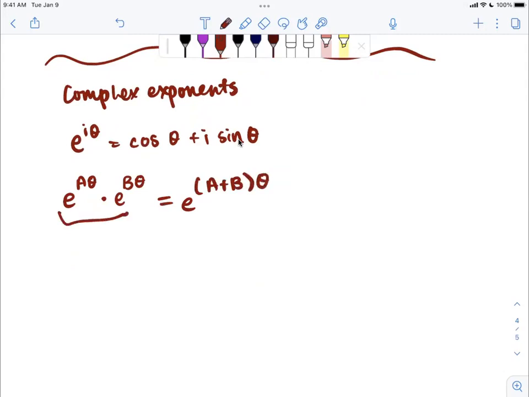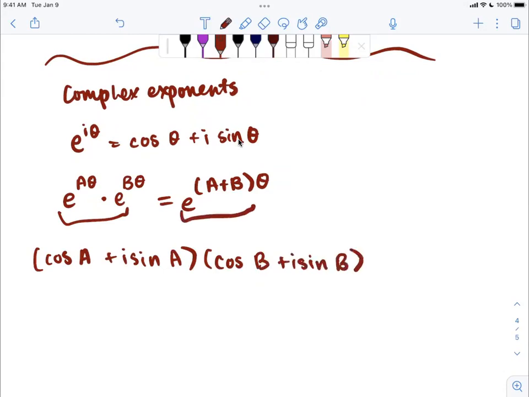So over here, we're going to have (cosine a plus i sine a) times (cosine b plus i sine b). And over here, this is going to be equal to cosine (a plus b) plus i sine (a plus b).